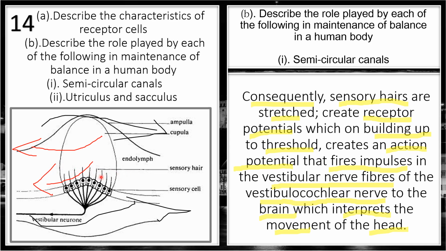If that receptor potential builds up to a threshold, it will create the action potential. And this action potential will be carried by the vestibular nerve and taken through the vestibulocochlear nerve to the brain for interpretation of the movement of the head.